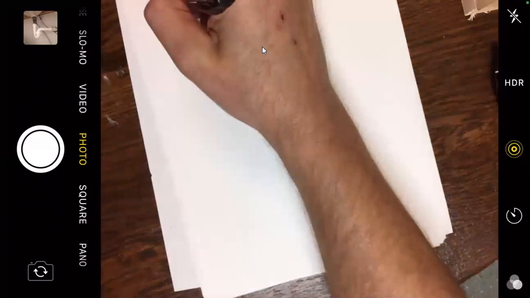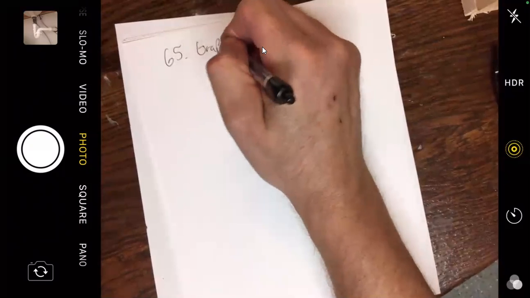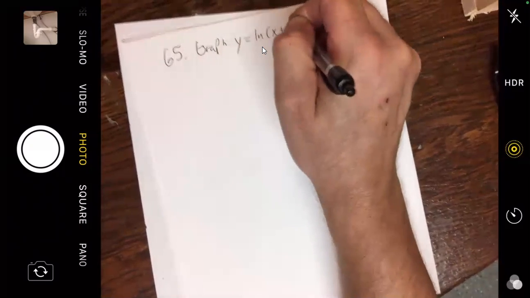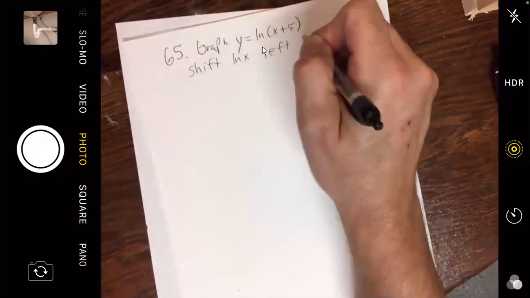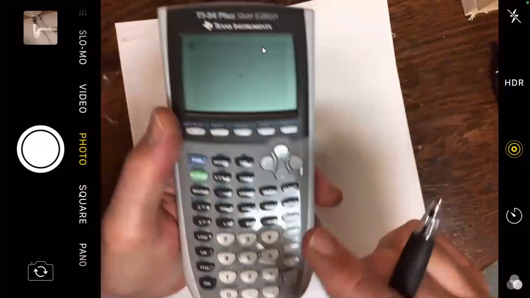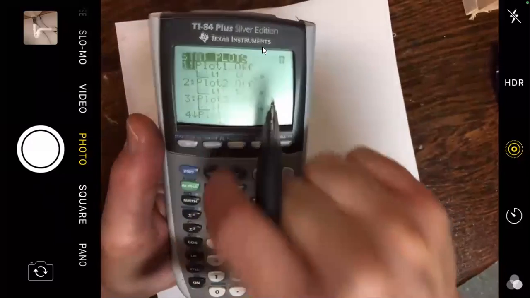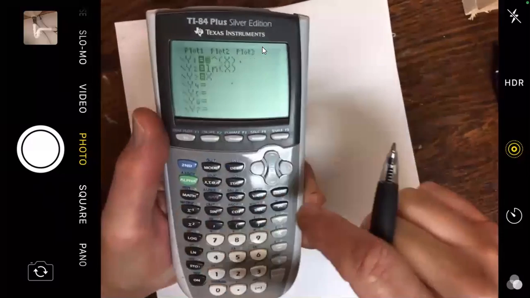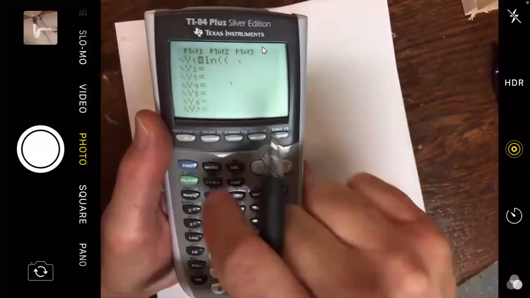All right, go on to ln of x plus 5. They're going to shift ln of x left 5. We'll just stick on ln of x plus 5.